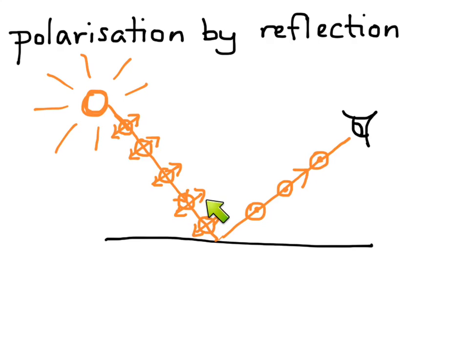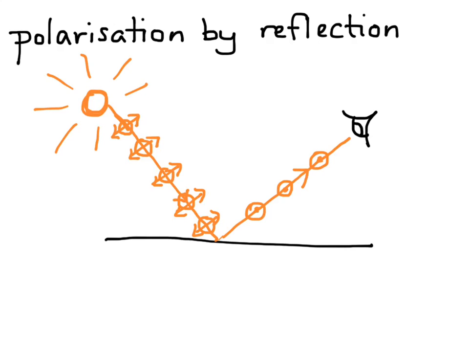But the bit of the wave that's going in this direction, when it hits the surface, it can't travel up towards your eye, because that would then be in the same direction as the direction of travel, and transverse waves just don't do that. So that part of the oscillation is blocked, and what you're seeing is polarised light.